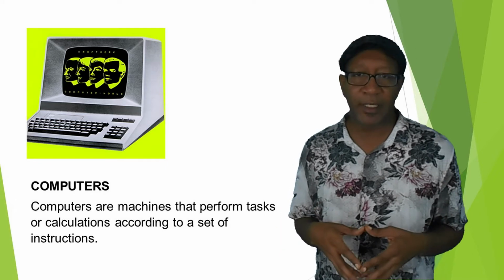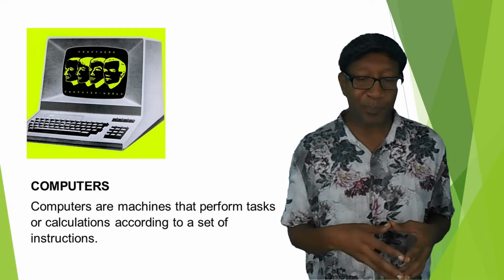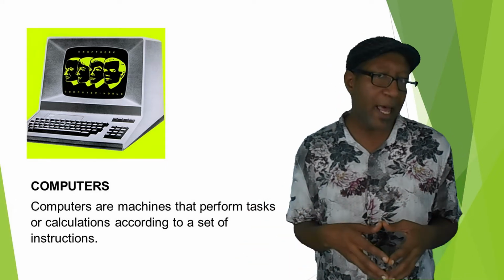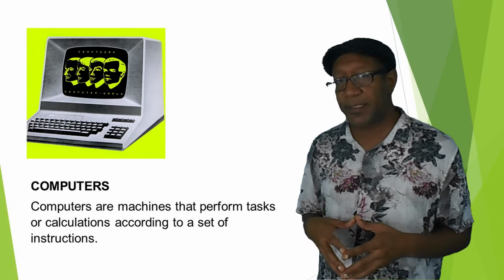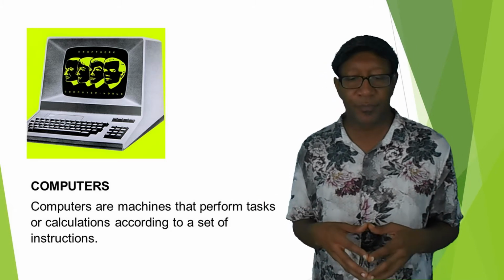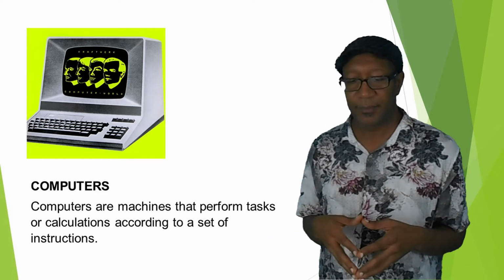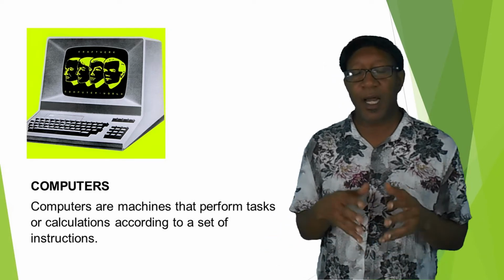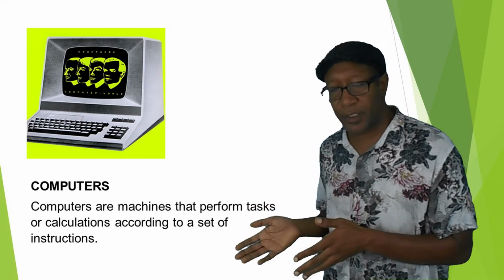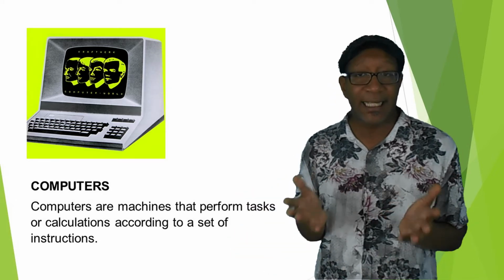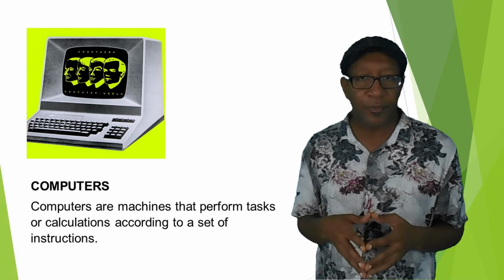It's a record released in the beginning of the 80s. And here we have this piece of text. Computers are machines that perform tasks or calculations according to a set of instructions. So this is the definition of computer.